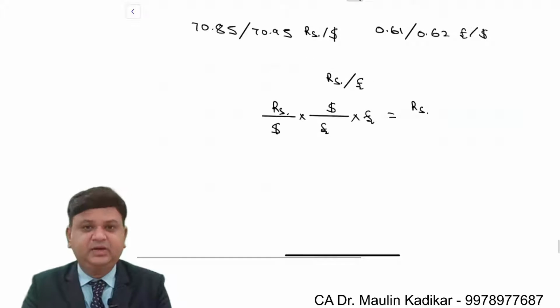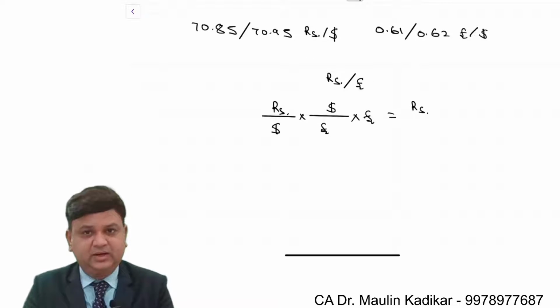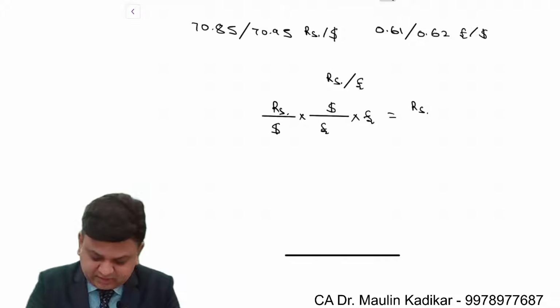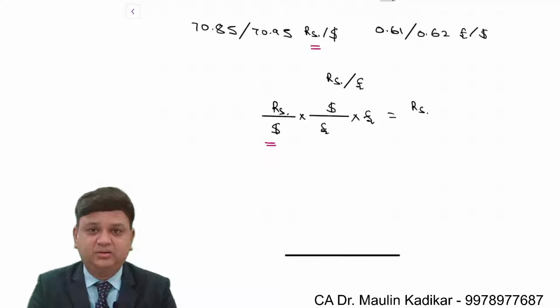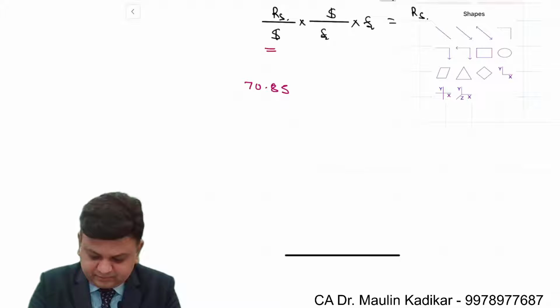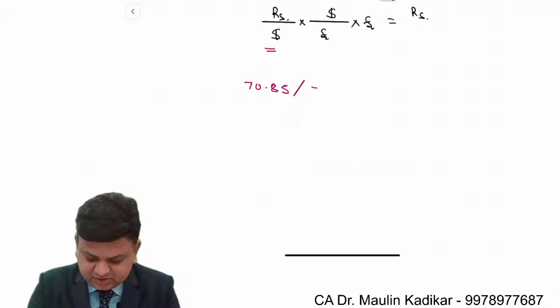That is how we can form the formula. Now I want rupees per dollar in the formula. Rupees per dollar is given, so I will keep it as it is: 70.85 slash 70.95 rupees per dollar.